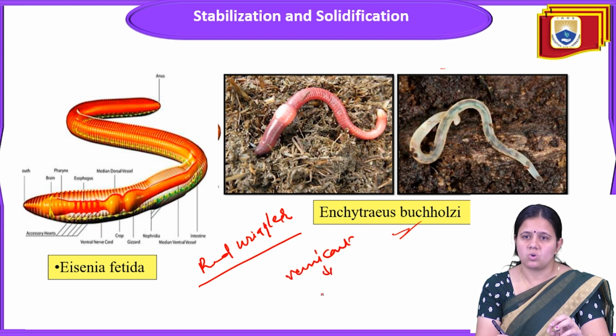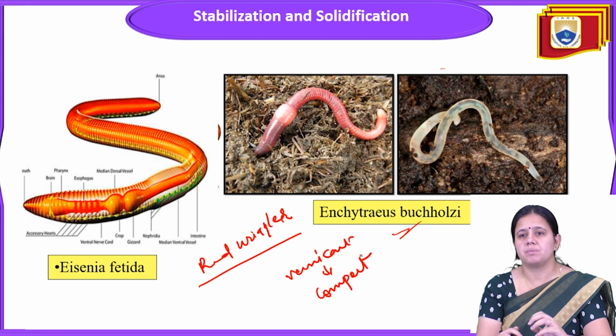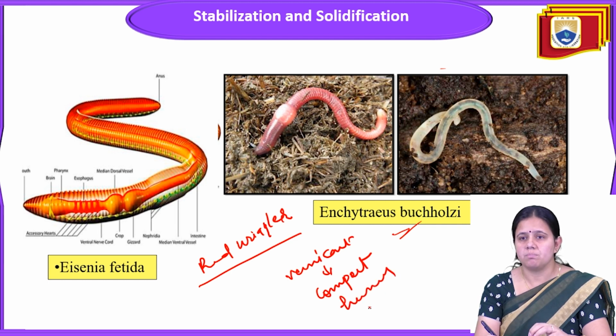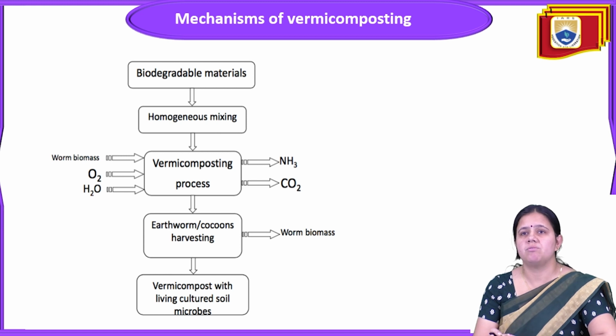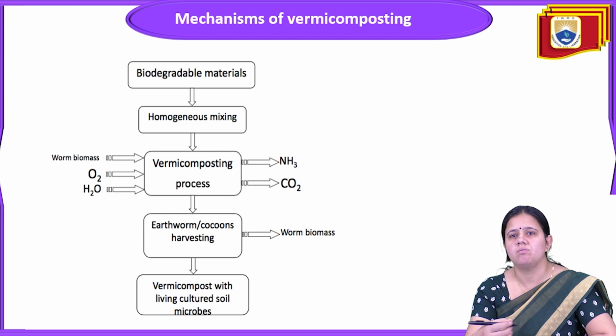This vermicast can be an excellent soil conditioner that can be used as humus or manure in the agriculture field. Now we'll see the mechanism of vermicomposting, how it works and what to do.